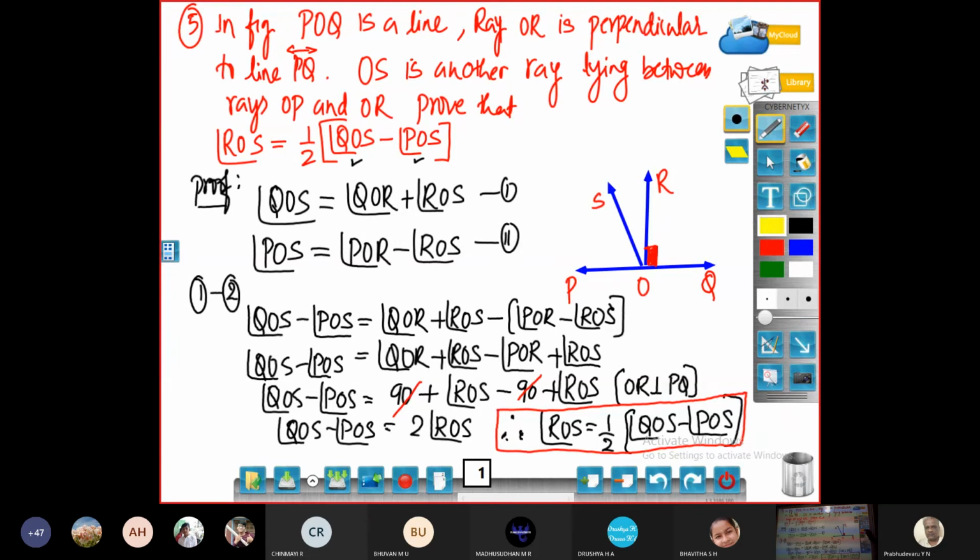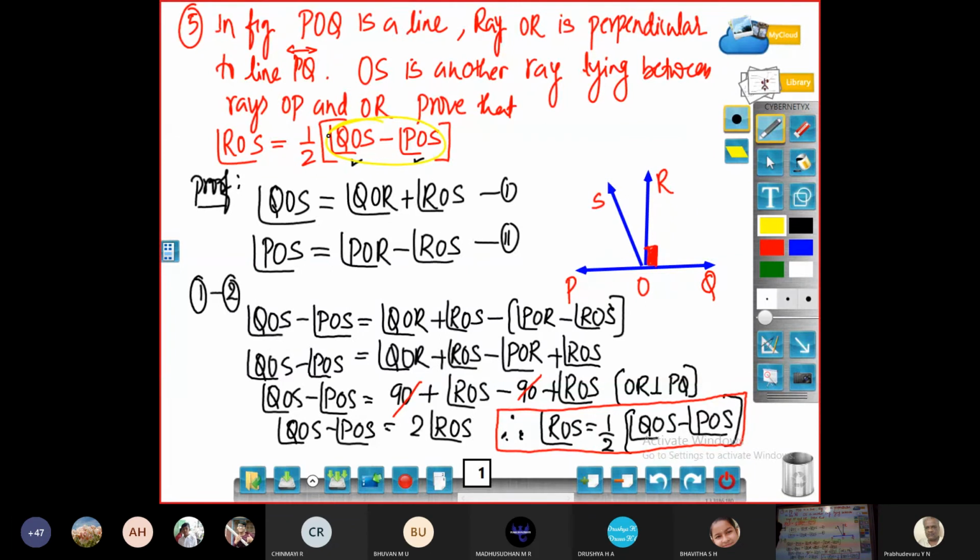See, in the question, we need to find QOS and POS, and that should be in terms of ROS. Therefore, we have split this QOS as QOR plus ROS, and POS as POR minus ROS, because we want to write QOS and POS in terms of ROS.